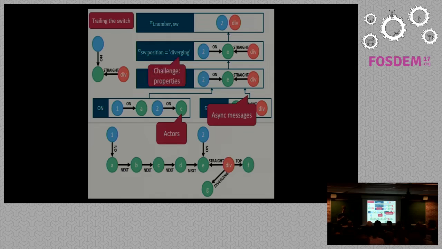So one of the challenges that was pretty difficult is to get properties right, because traditionally Rete uses simple tuples. You have primitives like IDs, strings, booleans, floats, and so on. In contrast, here we have something like t.number, which is a primitive, and then we have SW, which is a switch, which is a whole node in the graph.